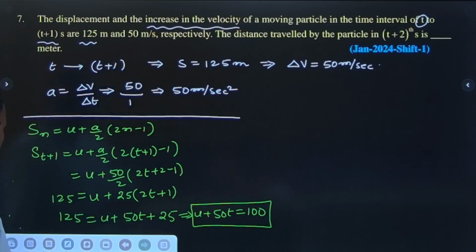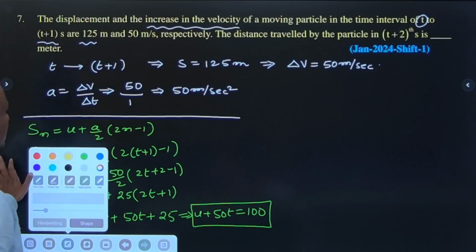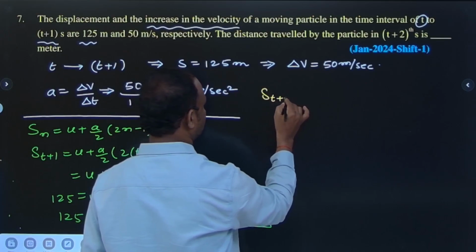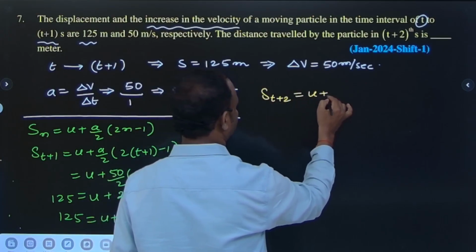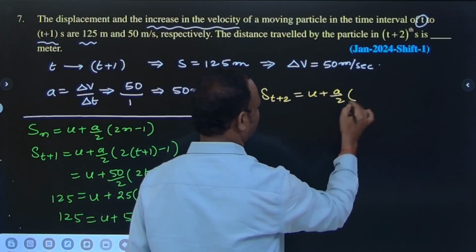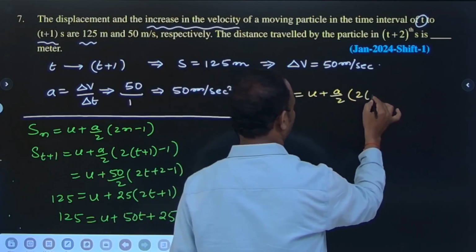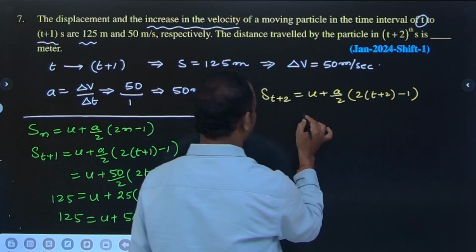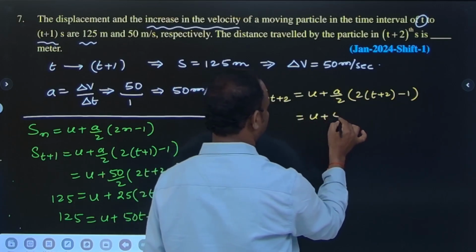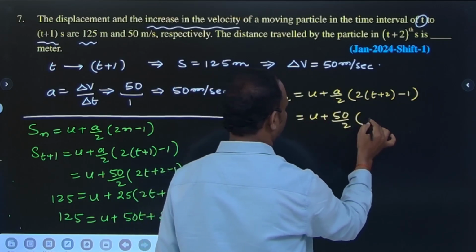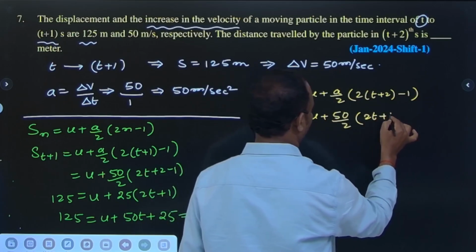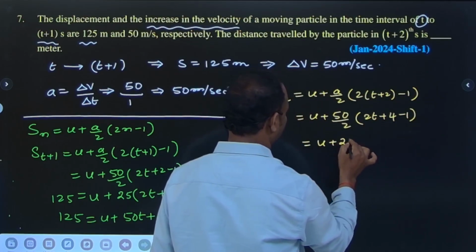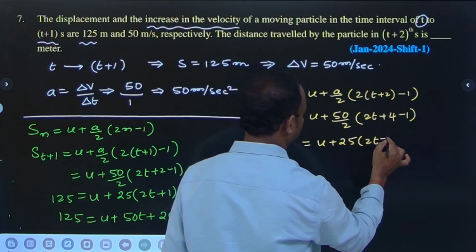Next, what is asked from this relation is S t plus 2. S t plus 2 is equal to u plus a by 2 into 2n minus 1, that is 2 into t plus 2 minus 1. This is u plus 50 by 2 into 2t plus 4 minus 1. So this is u plus 25 into 2t plus 3.